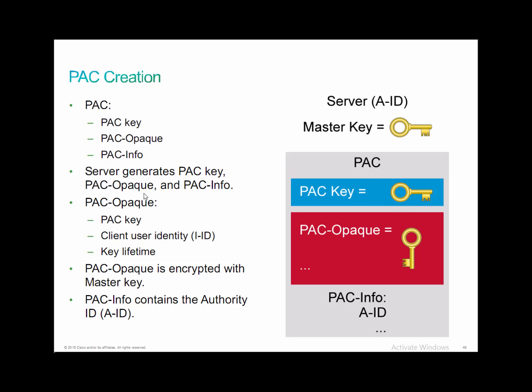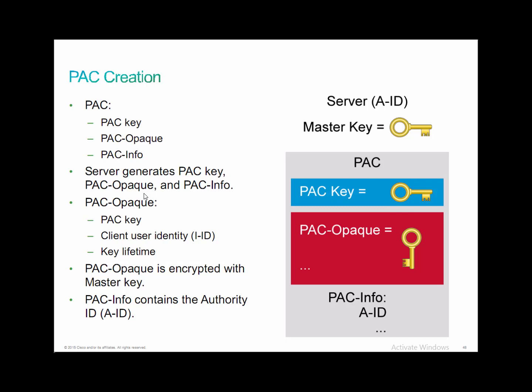When the client identity, which is referred to as the initiator identifier, or I-ID, you see that listed there as well, requests the PAC, the server generates a randomly unique PAC key, and a PAC opaque field for that particular client. This is kind of like another key.